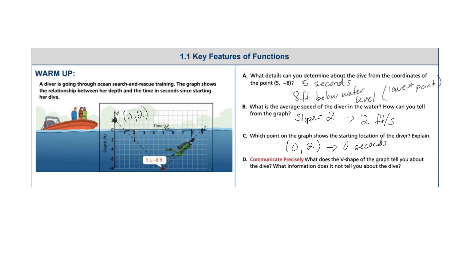And last it says, what does the V shape of the graph tell you about the dive? What information does it not tell you about the dive? One thing it tells us is he dove down and then went back up.